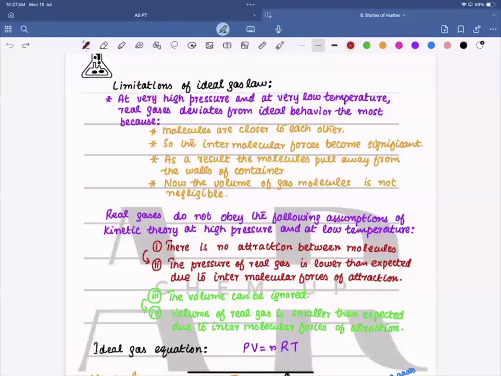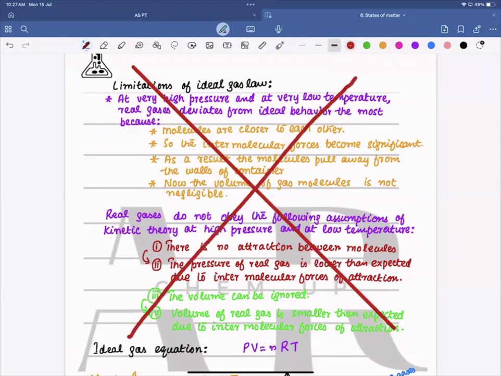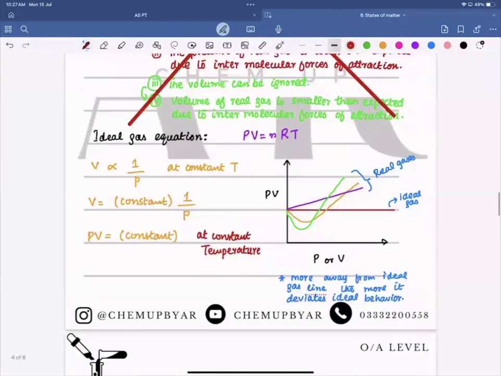Now, these are the limitations which are not part of the syllabus. So we just skip it all?